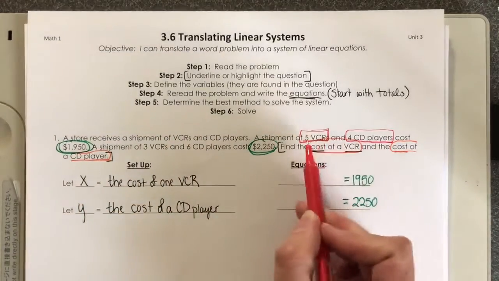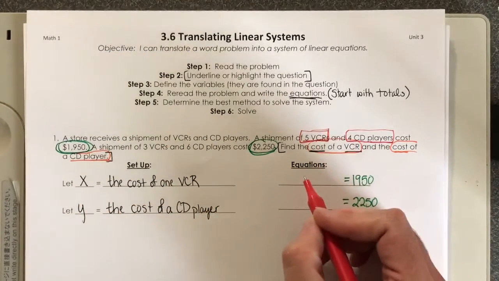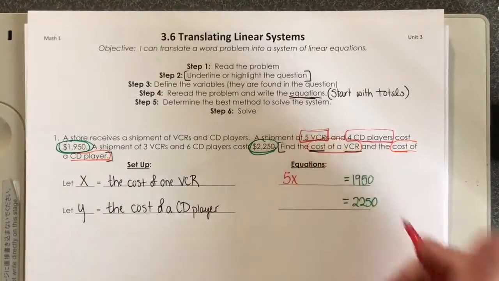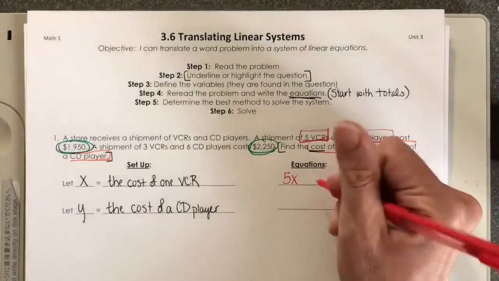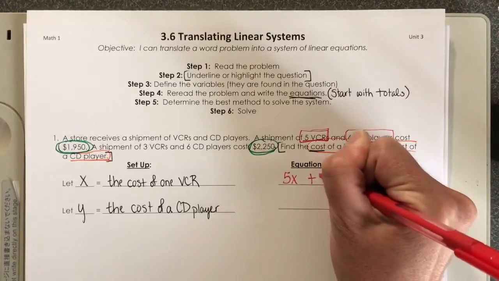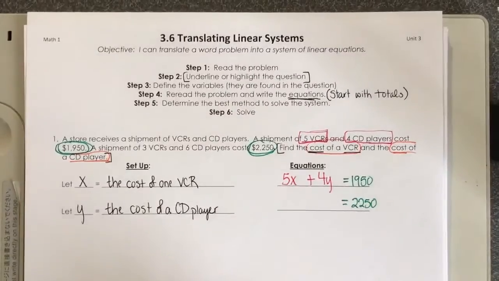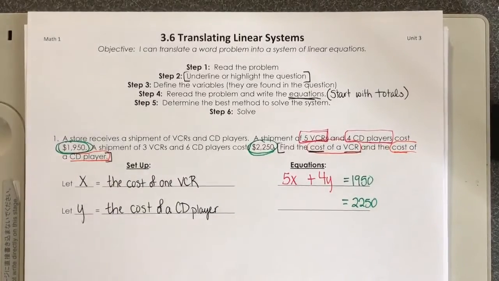I need to use those 2 numbers in my equation. So 5 VCRs, or 5X, and 4 CD players, so 4Y equals $1,950. There's my first equation.